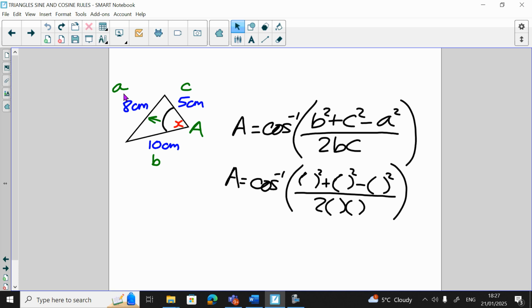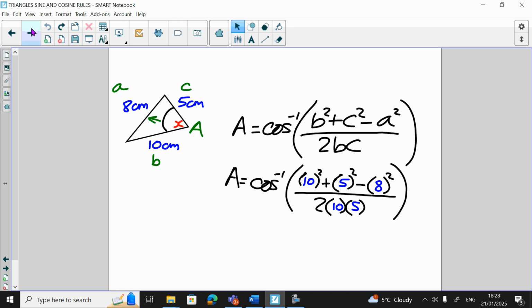So A is the 8, so the 8 is going to square this there. B and C are there. So sort out the top, sort out the bottom. So 10 squared plus 5 squared, that's 125, take away 64.